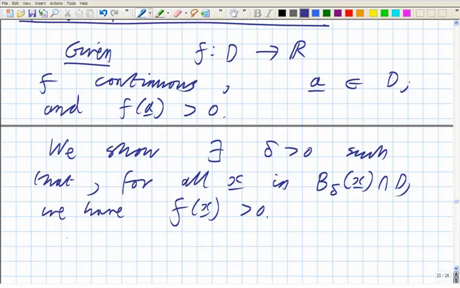So take epsilon equals f of a over 2, which is positive, because we know f of a is positive. The epsilon-delta definition says something is true for all epsilon, so we can take a particular value of epsilon and apply the definition there. Since it's true for all epsilon, it is in particular true for this epsilon. And we can find a delta.